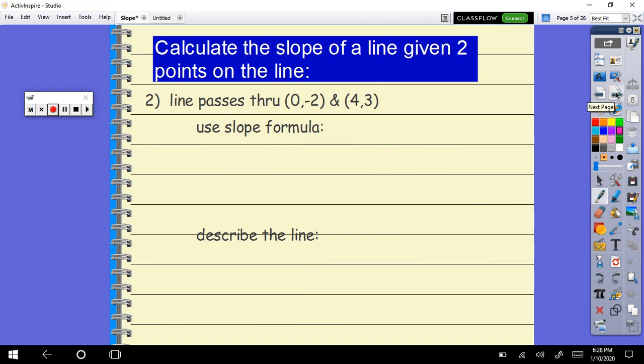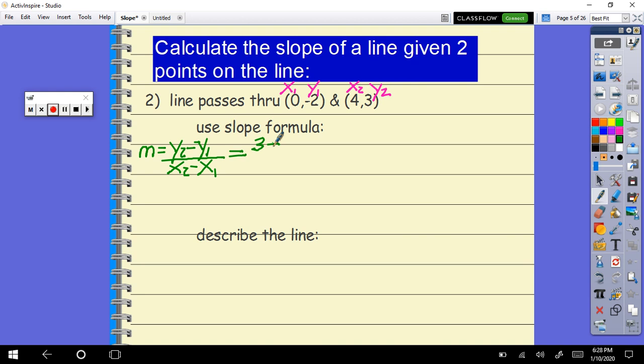On my second example, I'm going to start out again and call the first point x1, y1, and the second point x2, y2. I'm going to show you this two different ways. If I use the slope formula as y2 minus y1 over x2 minus x1, and I apologize that you're hearing the clicks of my pen against the laptop, y2 is 3, and y1 is minus 2.